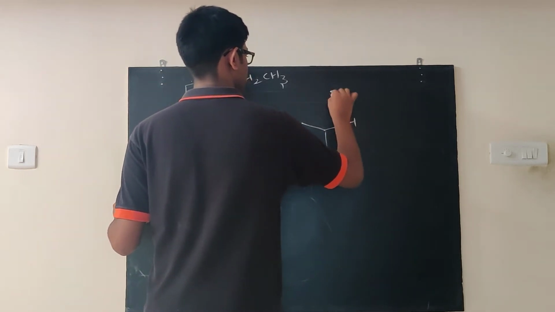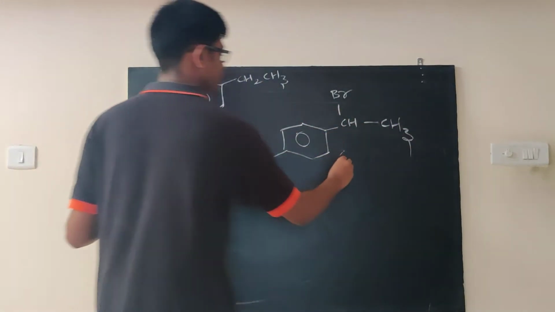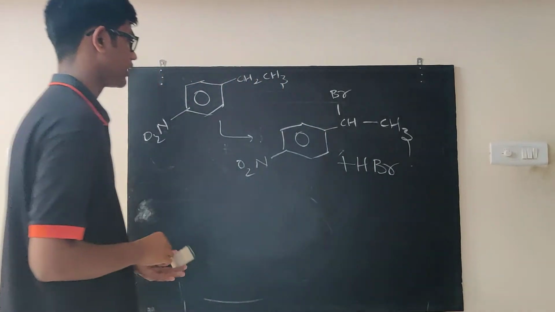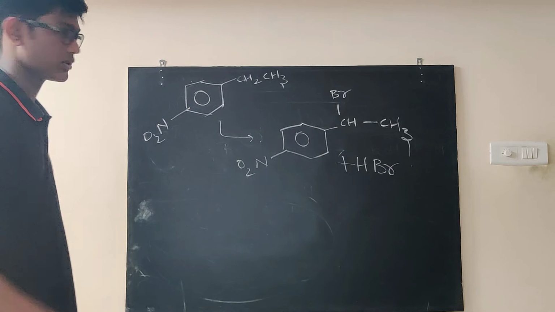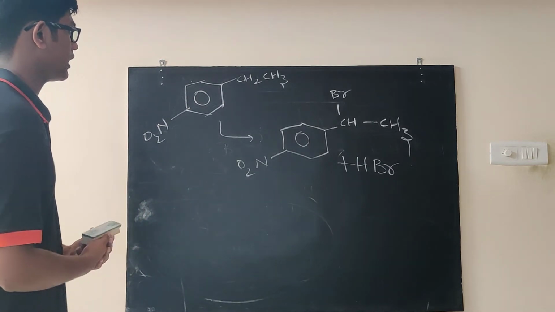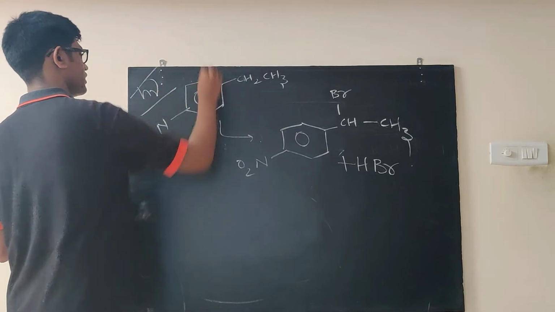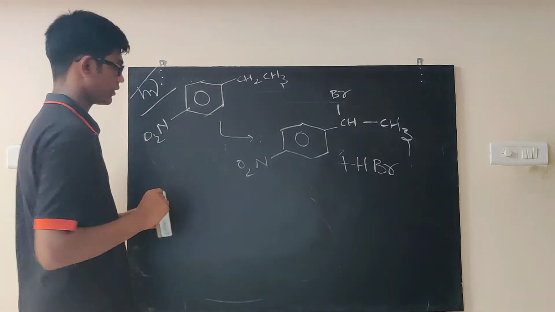You got an extra H and extra Br, so plus HBr. If you are still wondering why I put bromine here instead of here, you're going to have to go watch the previous video. But like I said, H nu always means a free radical mechanism, and the free radical is more stable here. So the most stable free radical is where the bromine will come.